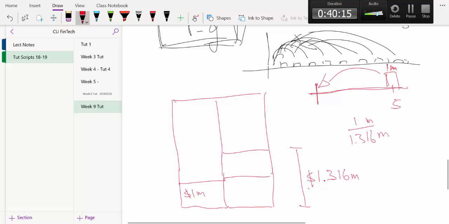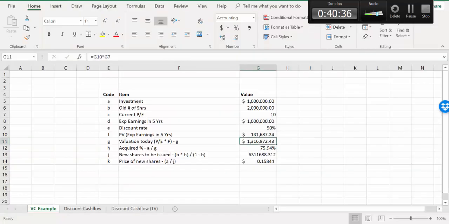This is how much I think the company is worth, given the discount rate. It's all because I am bringing in my money, so I should own this much, which is roughly around 75%. And that 75% came from here.